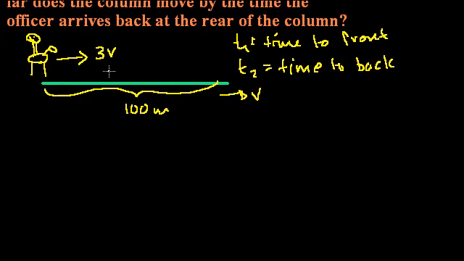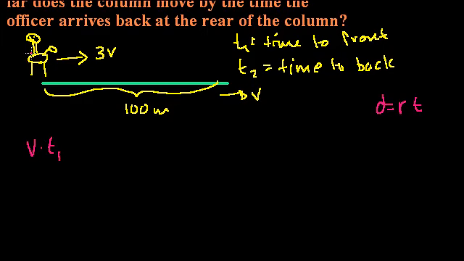So over some period of time, how far is the column going to move over t1? Let me write a little formula here, although I'm sure you know this formula. Distance is equal to rate times time, right? So over time 1, how far does the column move? It's going to move v times time 1.